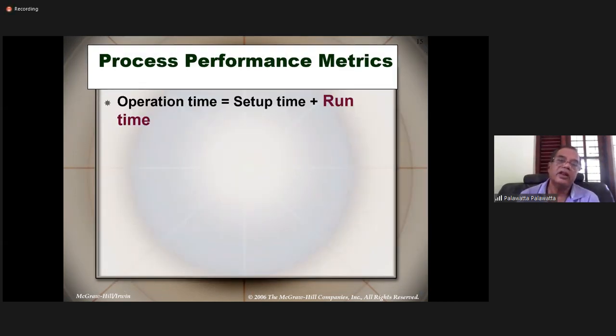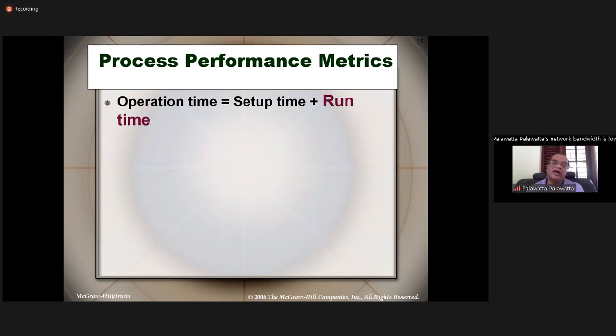And then operation time equals setup time plus run time. Setup time is the time needed to prepare the machinery to start production.